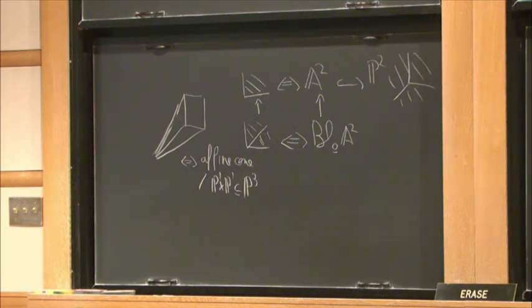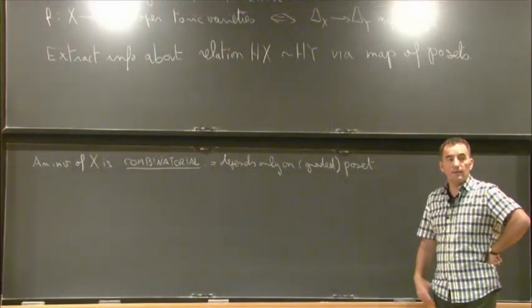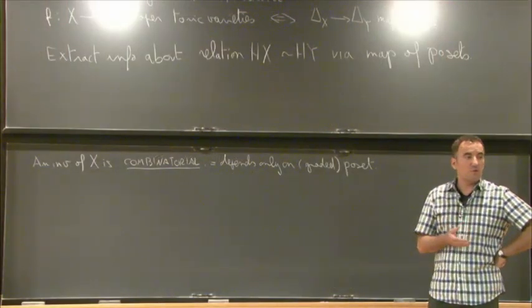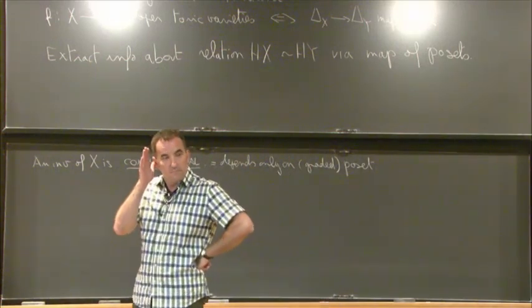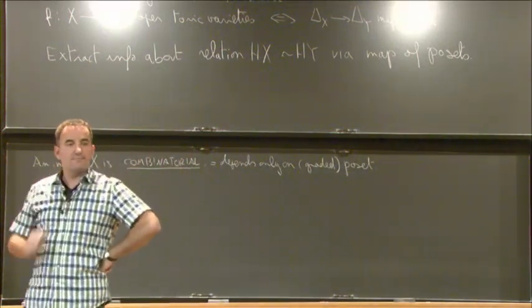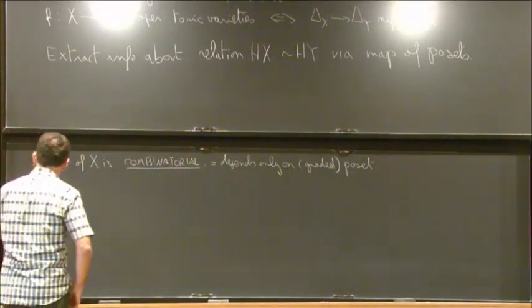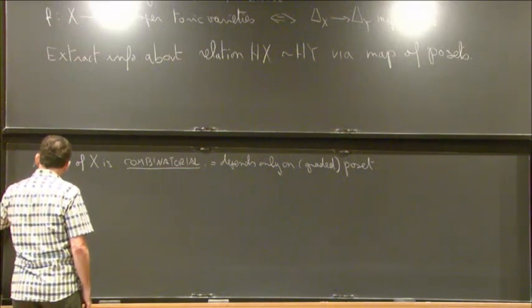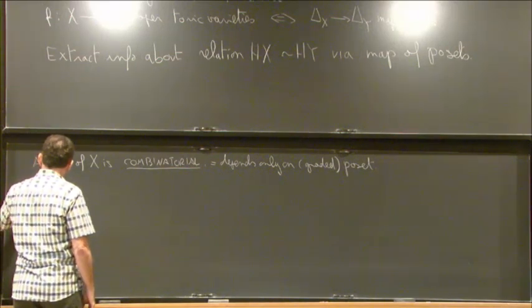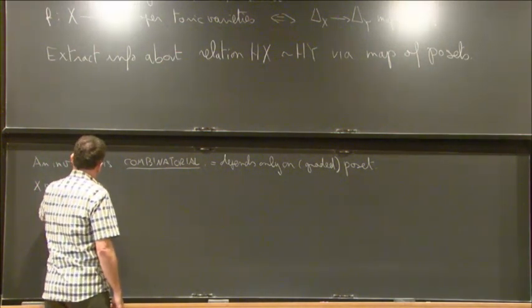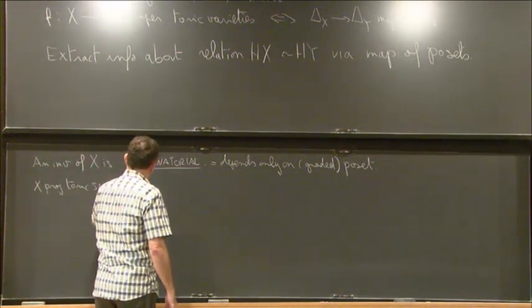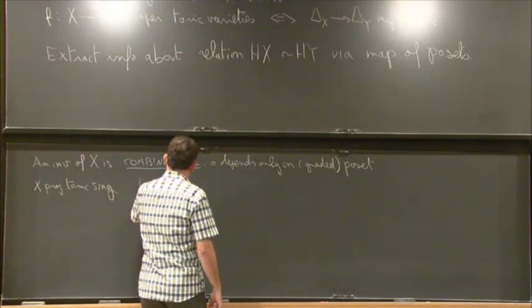So now it's known that if X is a toric variety but it's singular, then the Betti numbers are not combinatorial. Graded means you keep track of the dimension of each cone, yes. So there are explicit examples of X projective, toric, singular, where the Betti numbers are not combinatorial.